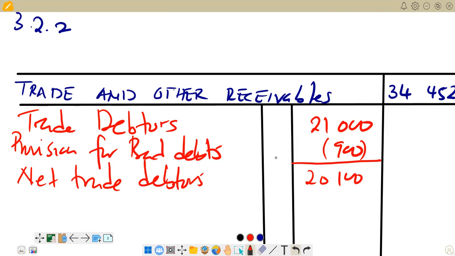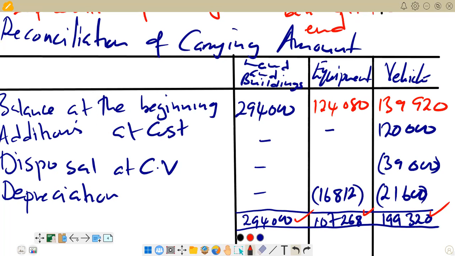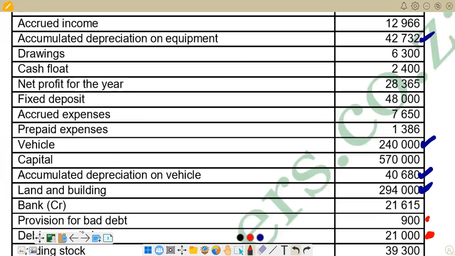Then beneath that now, we can also check for any prepayments of expenses or accrued income. All of them fall under the trade and other receivables. So when we are on trade and other receivables, we check for accrued income, and then we check for prepaid expenses.